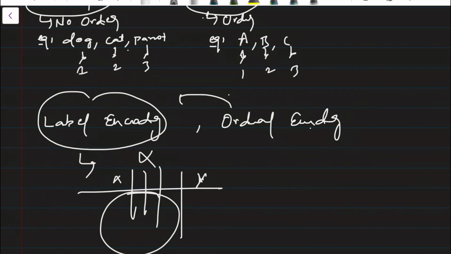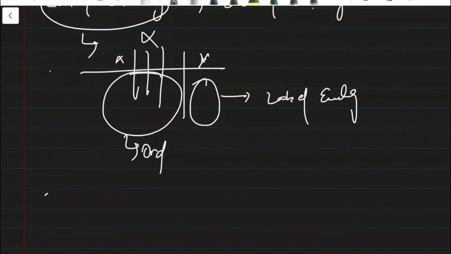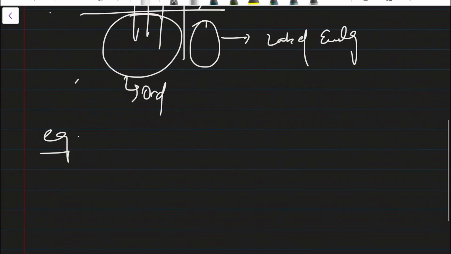In classification problems, we have the labels. To convert the labels, we use label encoding. Understood, right? This is known as label encoding and ordinal encoding. Let's take an example to show what is meant by ordinal encoding.